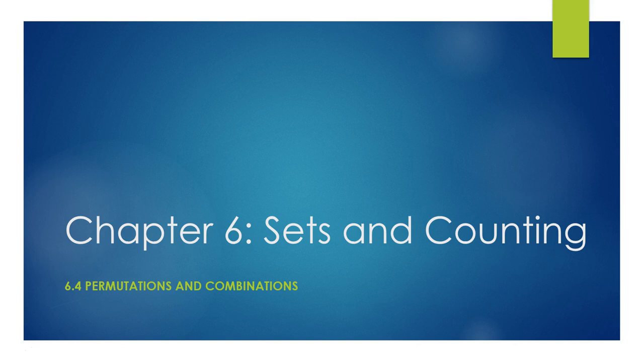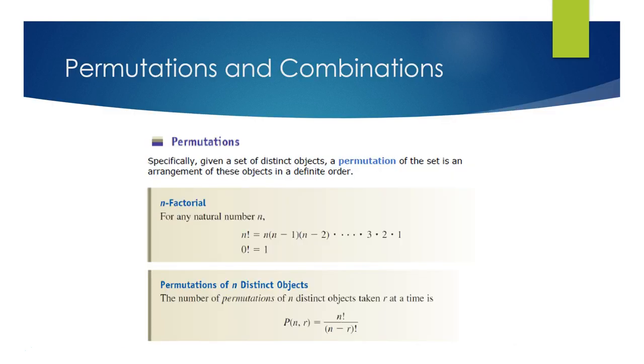So what's the difference between the two in reality, as far as mathematical terms? A permutation is when you're given a set of distinct objects, so they have to be all different things. A permutation of the set is an arrangement of these objects in a definite order. So, if I'm told that I'm going to pick from these 5 people to fill 3 different positions on a team, and one's going to be the leader, one's going to be the programmer, one's going to be some other role.